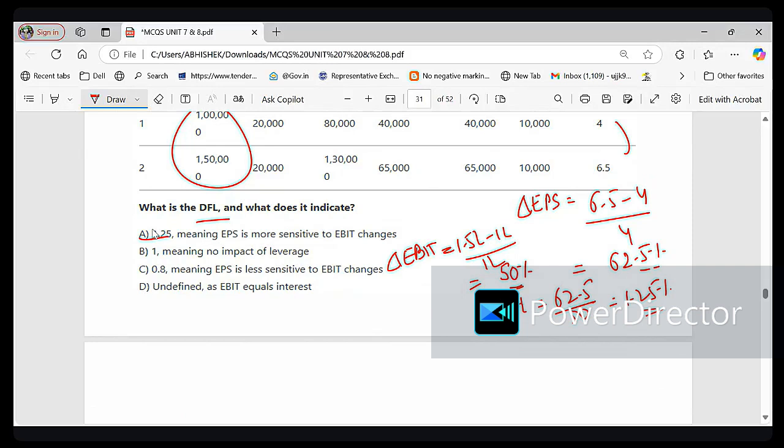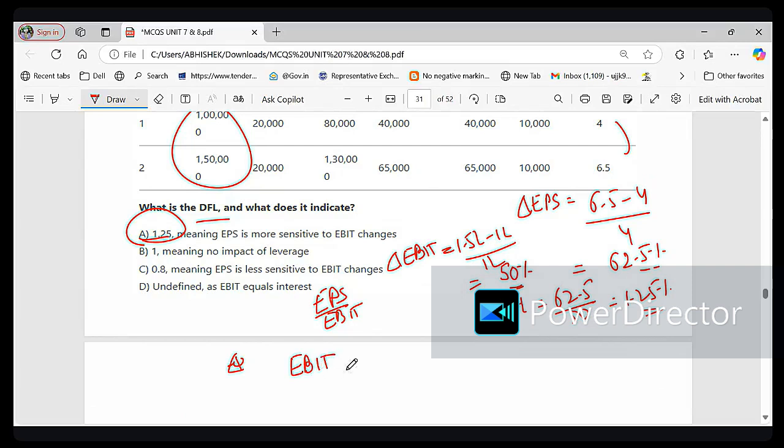So what is the meaning of this 1.25? See, it means that EPS is 25% more sensitive than EBIT. EPS upon EBIT. So this 1.25 means that EPS is 1.25 times as sensitive as EBIT. Try to understand this, very, very important.